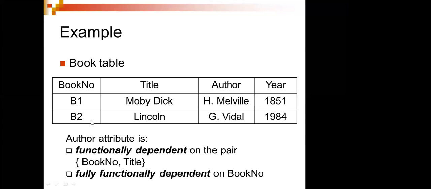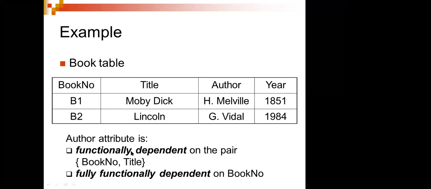Seeing this particular book number and title, these two depend on this particular author. So the functional dependency is on the pair book number and title. Author is there, that's why this book is there. Otherwise there is no question of the book, right? So this is functional dependency.